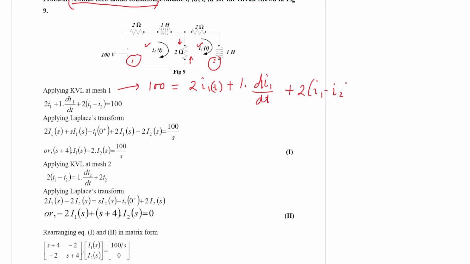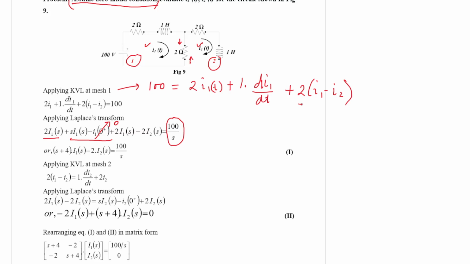So if you apply Laplace transform of this equation, 100 becomes 100 by s. 2I1(t) becomes 2I1(s). Now 1 dI1/dt becomes sI1(s) minus I1(0+), if you follow the derivative rule, and since we assume zero initial condition, this term will be 0.